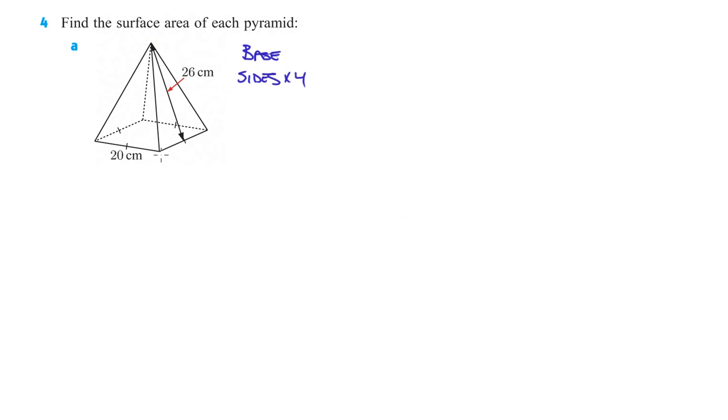So let's see. The area of the base is just going to be 20 times 20, which is 400 centimeters squared. The area of one of the sides is going to, remember, the area of a triangle is 1/2 the base times the height. Since this is 20, this is going to be 20.